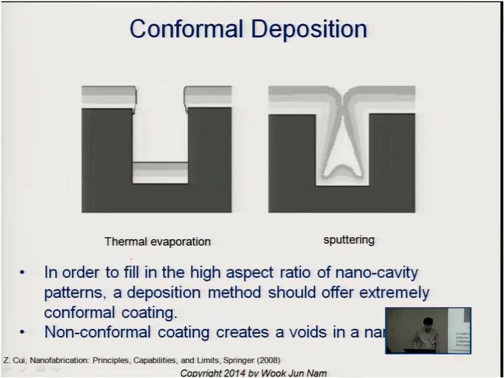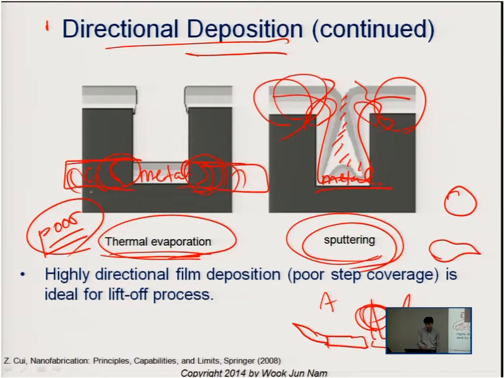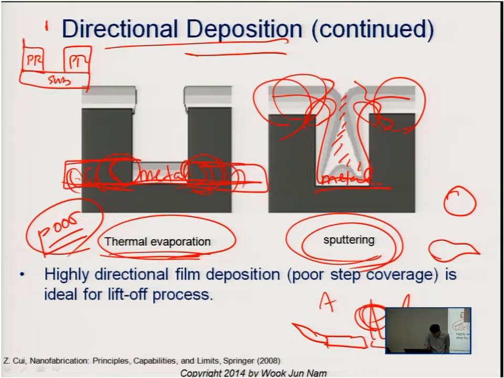Oh, actually, the cartoon itself is a little bit wrong. The correct cartoon is: this is a substrate, and this one is the photoresist, and then you deposit the metal film. Right, something like this.